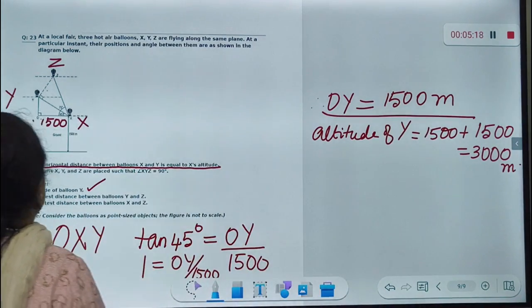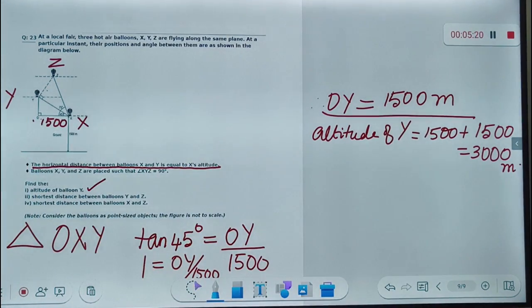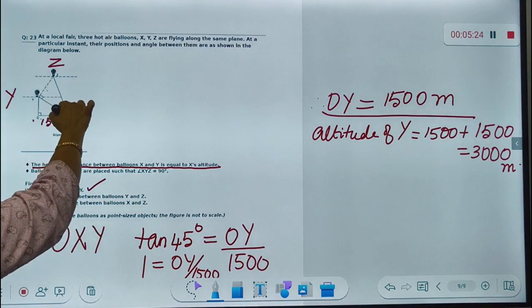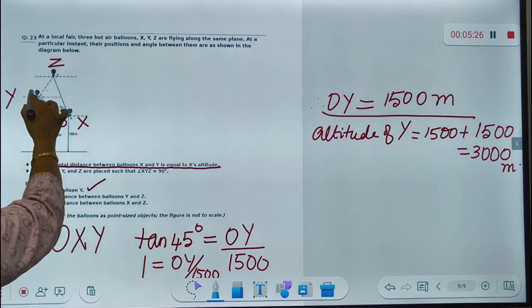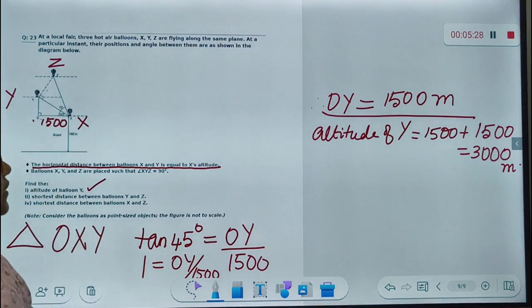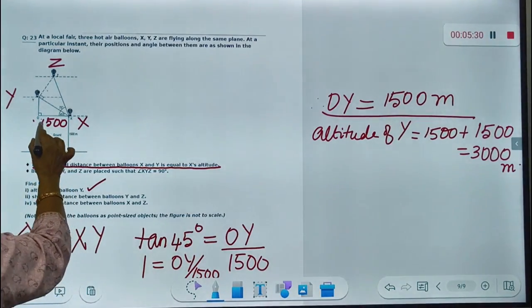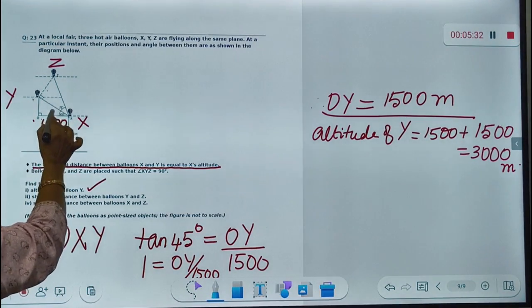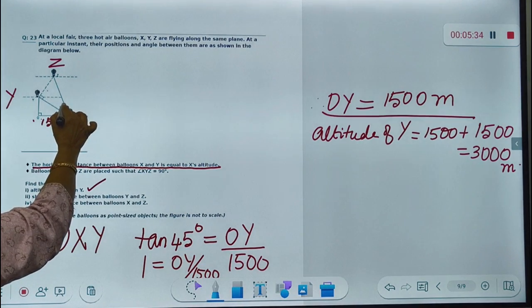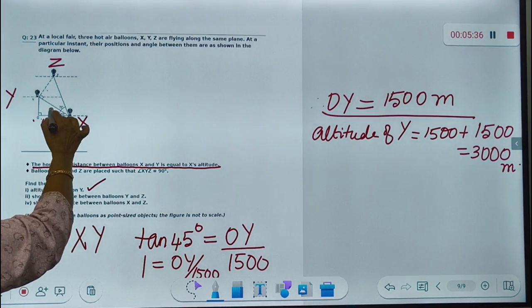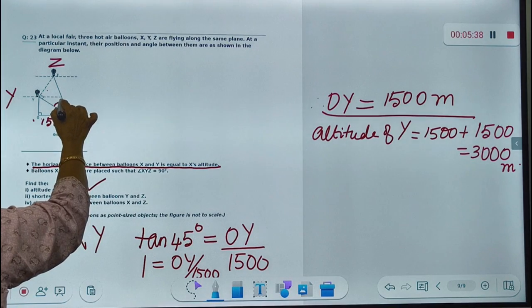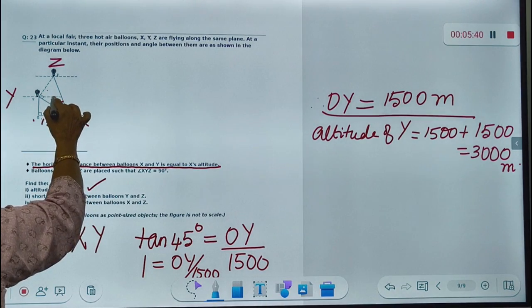So we have answered the first question. Now to find the distance between Y and Z and X and Z. Now if I take this triangle, this is 1500, this is 1500. Now this total angle is 75. This angle is 45. So this remaining angle is 30 degrees.